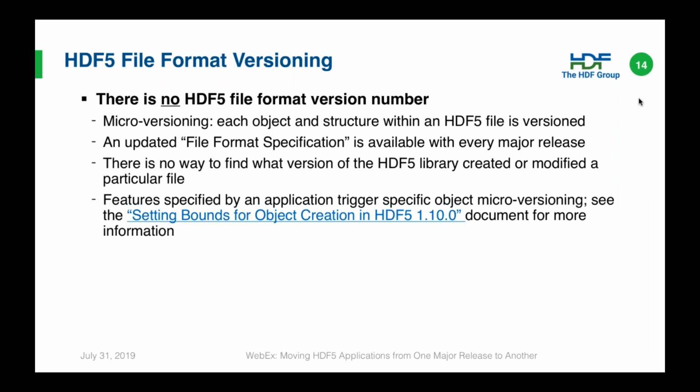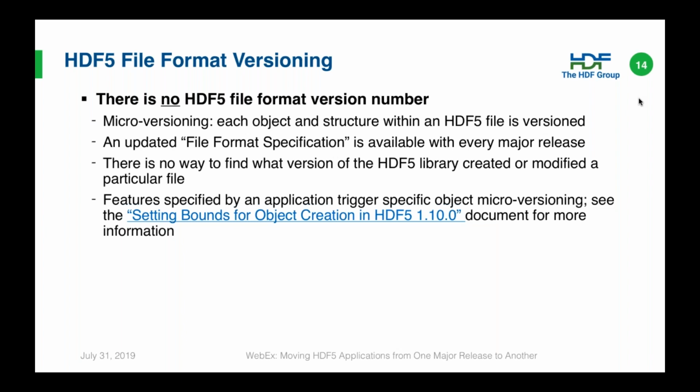Of course, there are small tweaks here and there, but with every major release, we tell you which features require file format changes. We'll create files that will be incompatible with the previous versions. And each specific object in the file format, you will see, may have versions 1, 2, now 3, and 4.